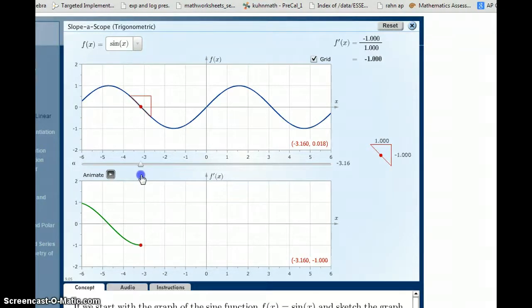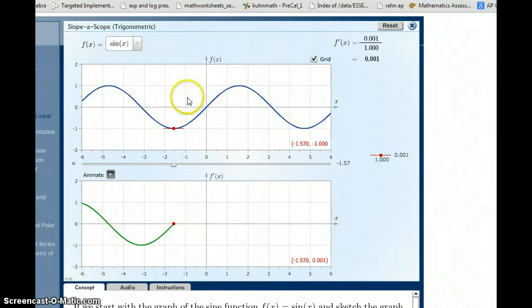But then at this point, it's going to stop decreasing. That's the most negative that you can get, and then as I keep going, it's going to be less negative and less negative until I reach the value of 0 again.